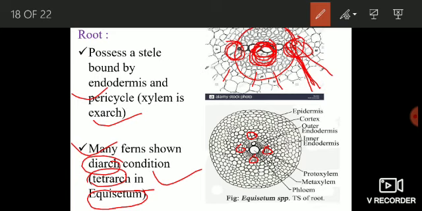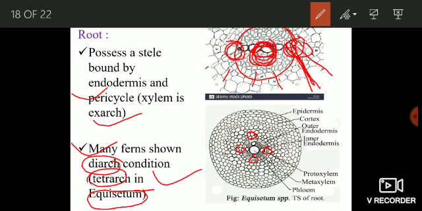That means xylem matures first towards the periphery, and then the inner elements towards the center mature later. Okay, this is known as exarch condition, and the complete reverse of it is endarch condition, in which the direction of development is towards the outer side. That means xylem elements mature first in the interior, and the peripheral elements mature later. Okay.